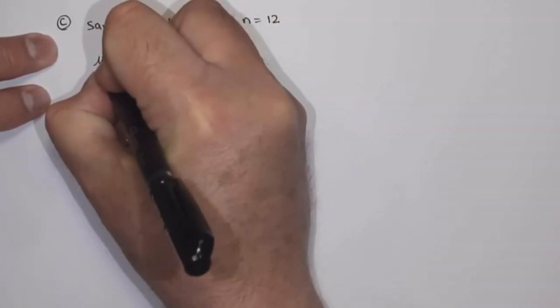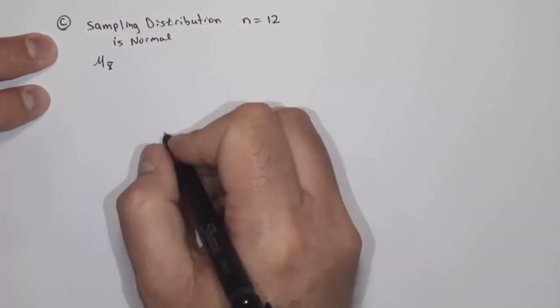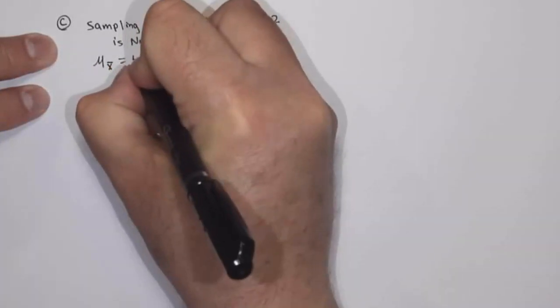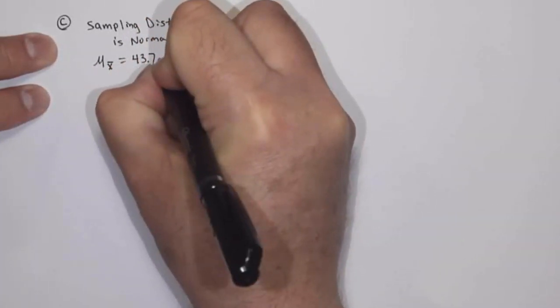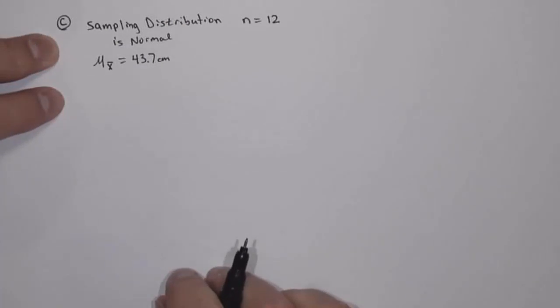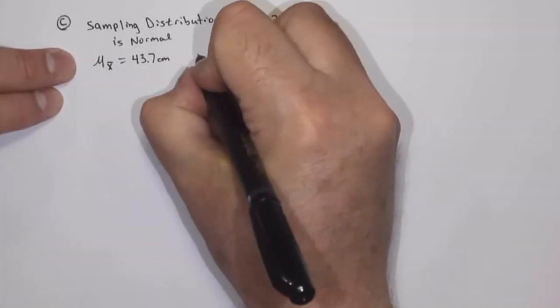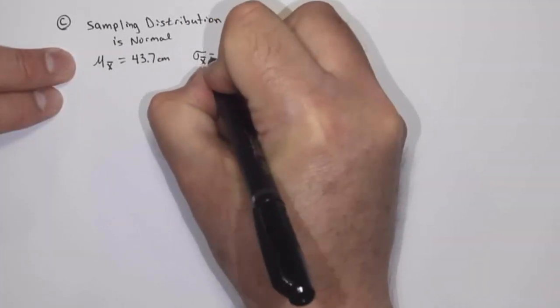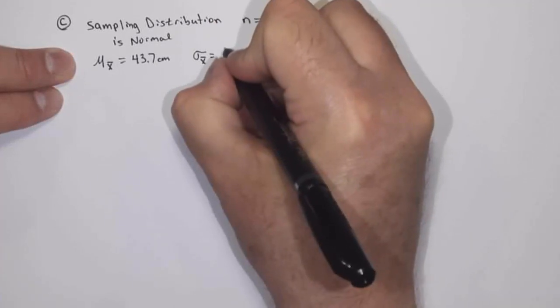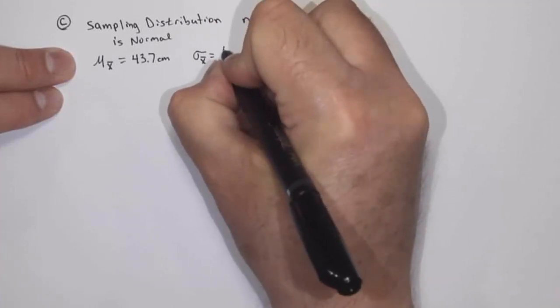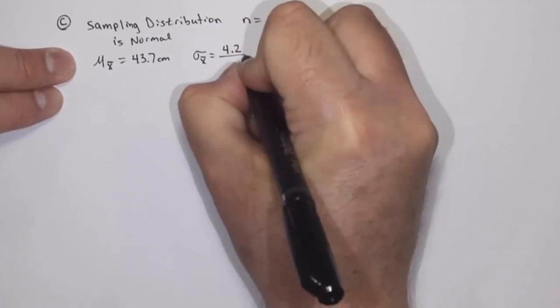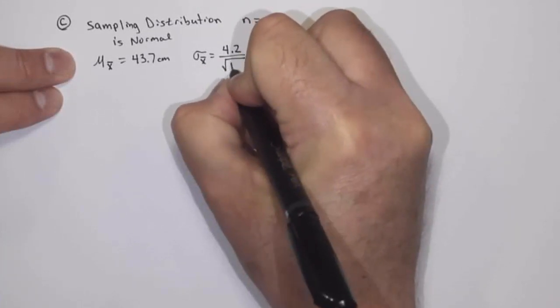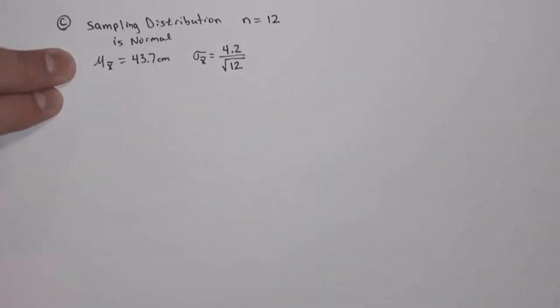The mean of this sampling distribution is going to be 43.7 centimeters, the same as the mean of the population. The standard deviation of this sampling distribution is going to be the standard deviation of the population, 4.2, divided by the square root of the sample size, which in this case is 12.